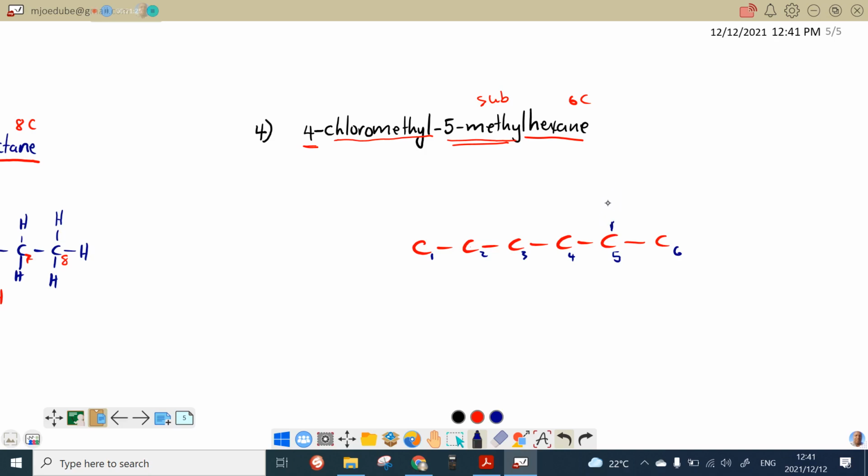So you've got a methyl group here, and then on carbon number 4, let me change this to octane, otherwise it will look different.